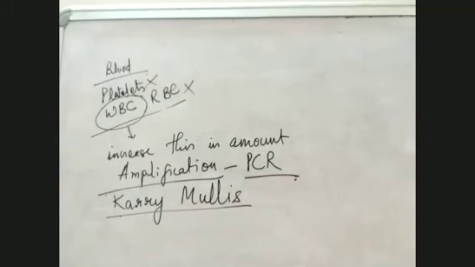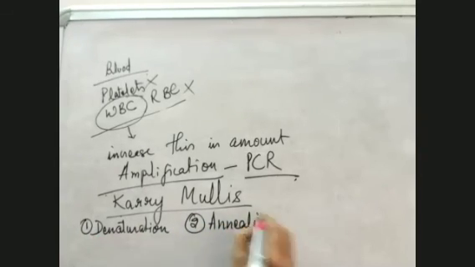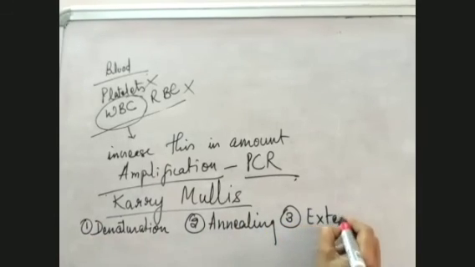Now in polymerase chain reaction, there are three important steps: number one, denaturation. Second step is annealing. And the third step is extension. So these are the three steps of PCR technique: denaturation, annealing, and extension.